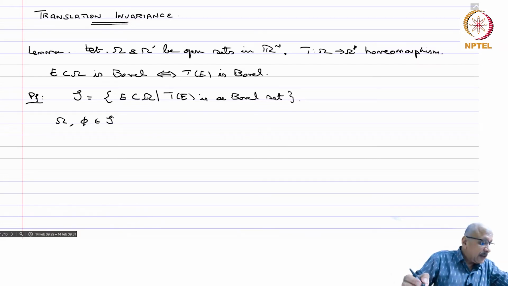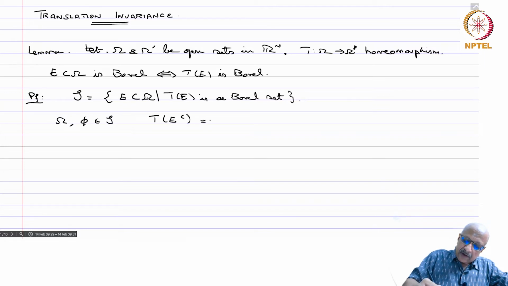The empty set is Borel and therefore there is no problem. Now T of E complement, because T is a bijection, is nothing but T of E complement, and also T of the union of E_i is equal to the union for i equals 1 to infinity of T of E_i.